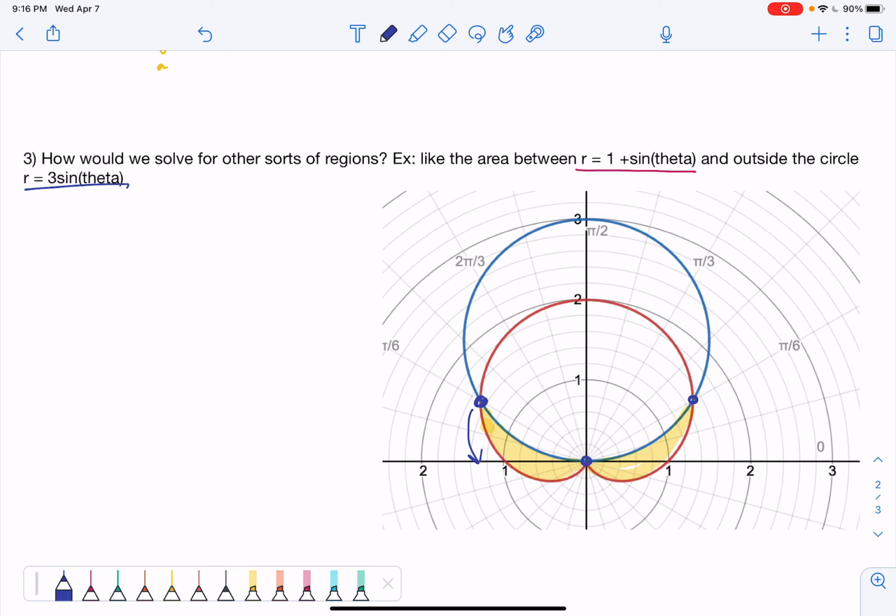Which direction do we want to be going, etc. So I mentioned that there was a question of, how could we solve for other sorts of regions? There are lots of ways you can do it. I'm looking at this and I'm like, ooh, that's kind of daunting. Oh man, how could I solve that area by thinking about intersections? I'm going to pause, I encourage you to pause and see, is there a way you can think of that's not finding the intersections, that's something else?